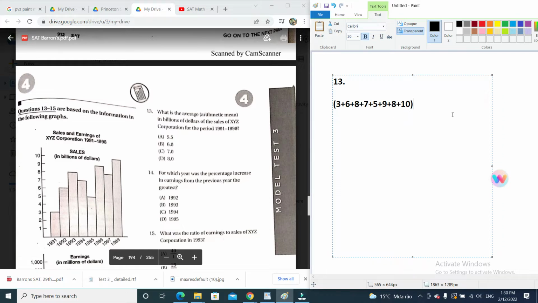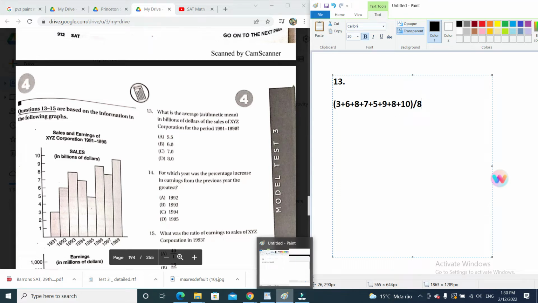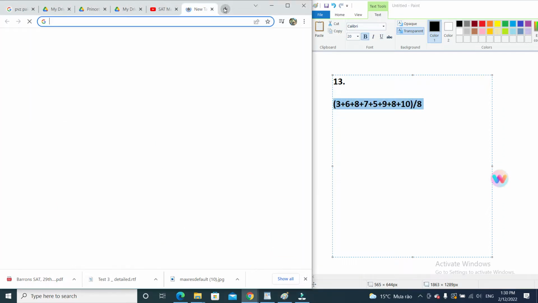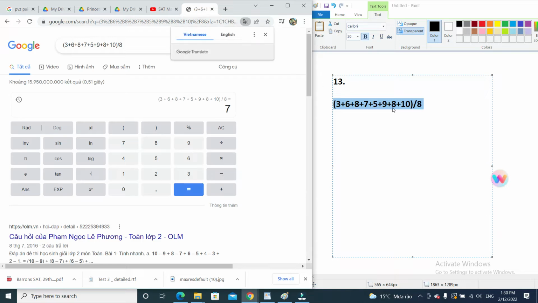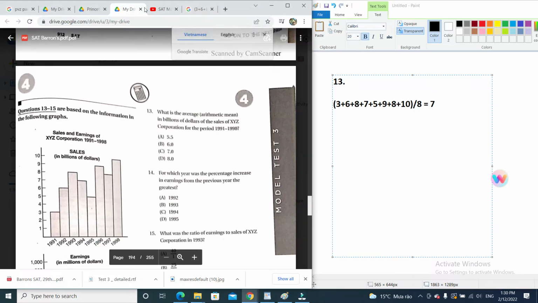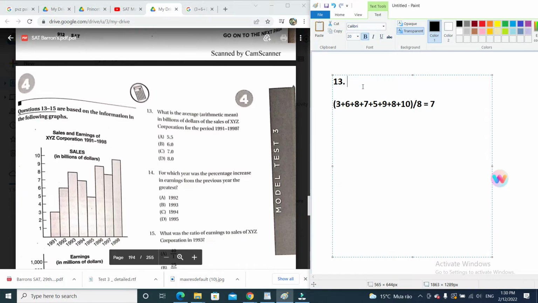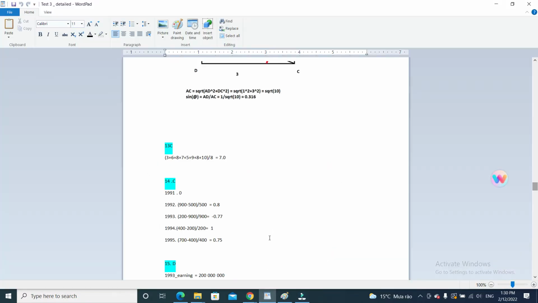And we're going to divide this by the number of elements. So we have 8 elements, and for that we're going to figure out the average. It is equal to 7. So the answer for 13 is C.